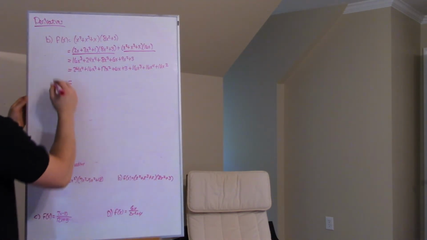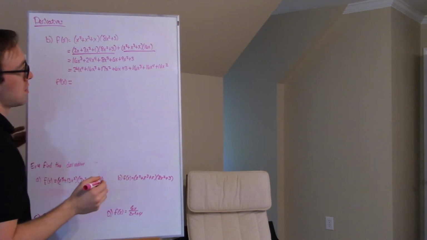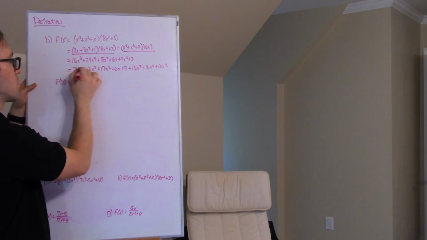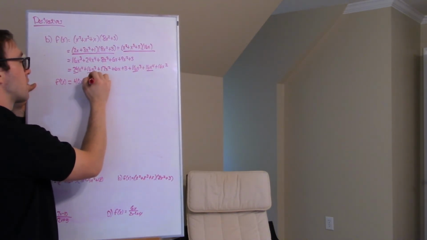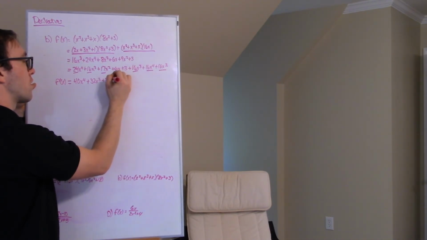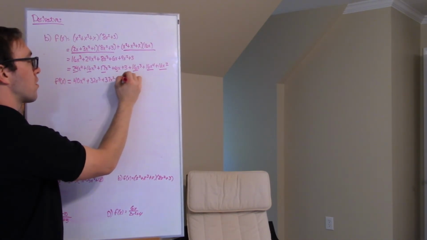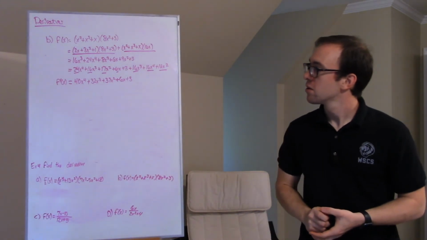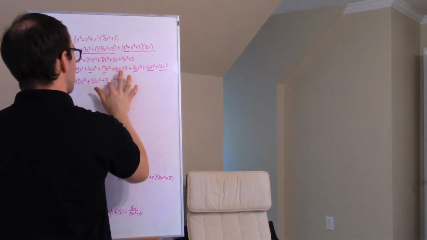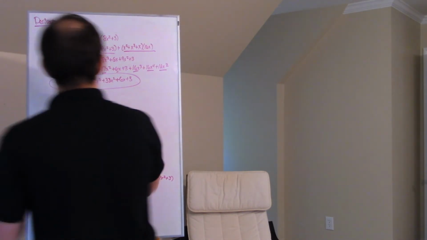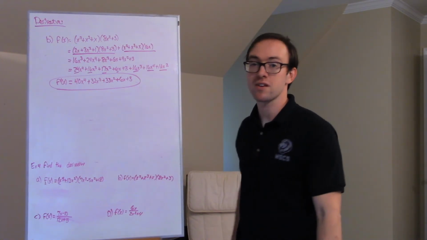And then combine your like terms to finish the problem. So our answer is 40x to the fourth plus 32x to the third plus 33x squared plus 6x plus 3.